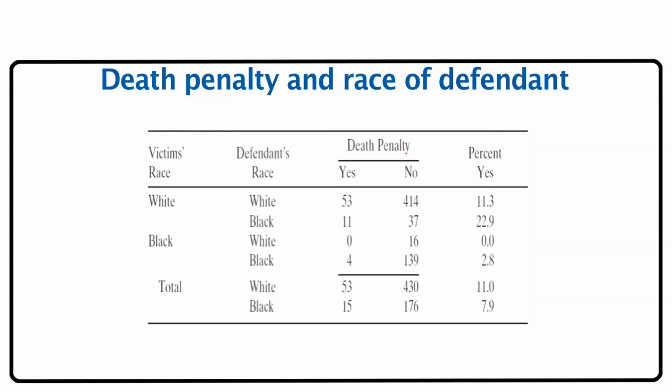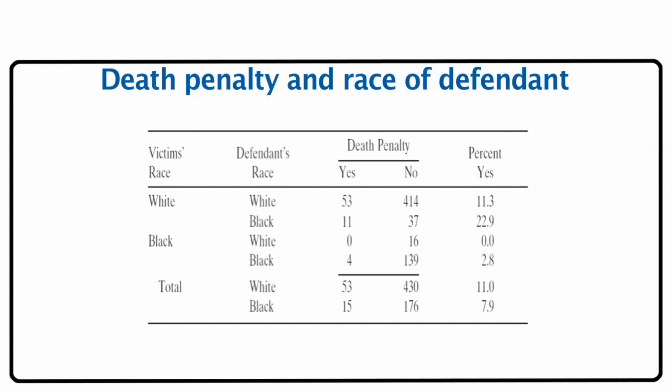So here again is the example on death penalty and race of the defendant. This is the kind of 2 by 2 by 2 table I referred to in my earlier slide. So the three variables considered here are firstly death penalty, yes or no. That is, whether or not the death penalty has been awarded in a particular murder case.